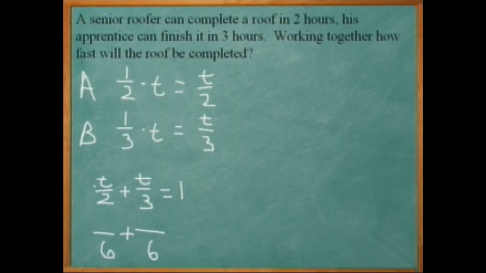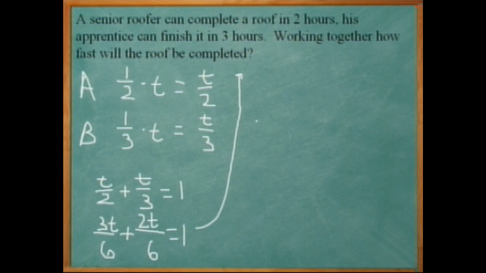And make it equivalent here. To get from 2 to 6, I multiply by 3. So I need to multiply the top by 3, so it's going to be 3t. To go from 3 to 6 is multiplied by 2, so I'm going to multiply the top by 2. Okay, let me move it up here.